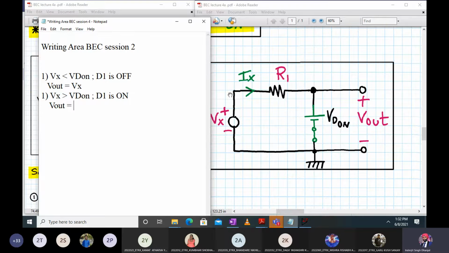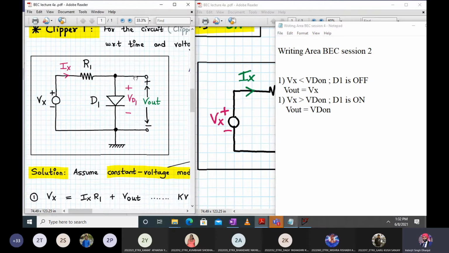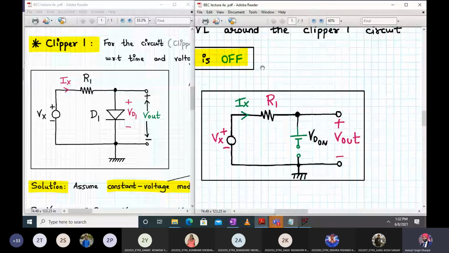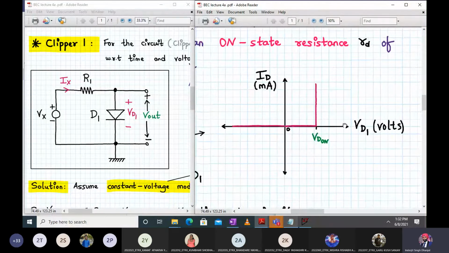So irrespective of the current flowing in the circuit, the output voltage will be held constant at VD on. VD on is a constant value, right? What are we assuming? Constant voltage model, right? That means once this diode is on, it will maintain a constant voltage of VD on across it. That's what the meaning is.